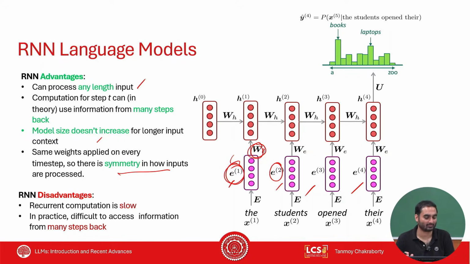And the second problem is that although I mentioned that it can capture long distance, as the size of the context increases, the effect of the first word, for example, on the last word will reduce. So as we increase the steps in an RNN, the effect of the words which are far from the current word will be less. Okay.